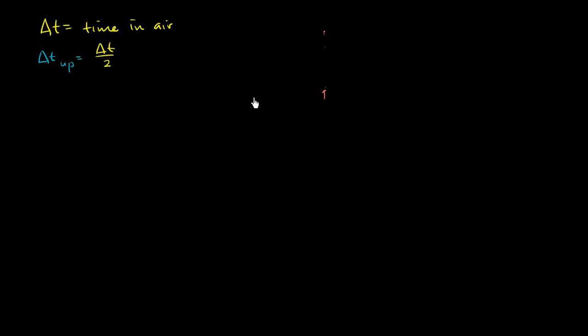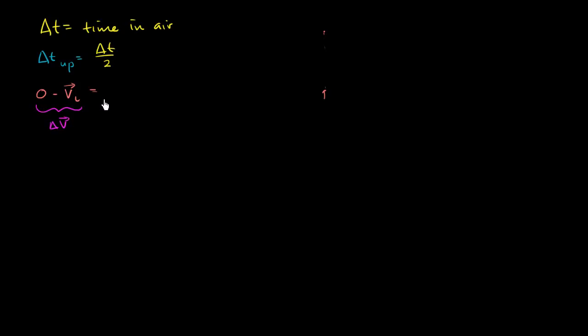And remember, the acceleration is constant downwards this entire time. So what is the final velocity if we just consider half of the time? Well, it's 0. So it's going to be 0 minus our initial velocity when it was taking off. That's our change in velocity.